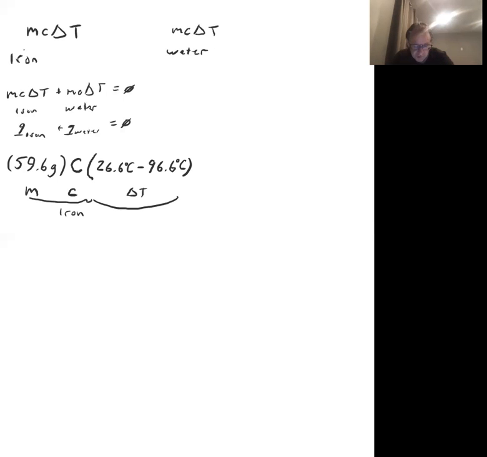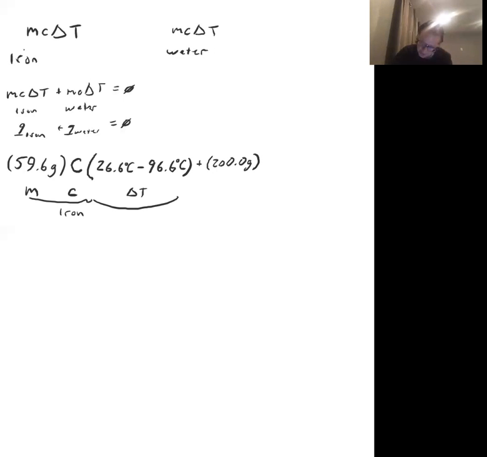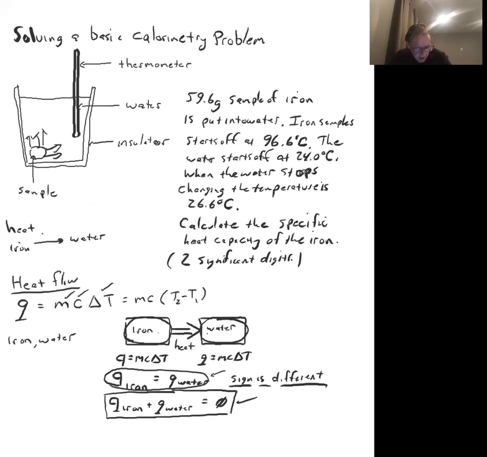Okay, and then we're going to do the same thing for the water. For the water, it's the mass of the water, which was 200 grams. I thought the problem said that 26.6 was the final temperature of the water, not the final temperature of the iron. Yes, it did. But let me go back to the picture. Take a look at this picture. The iron is in the water.